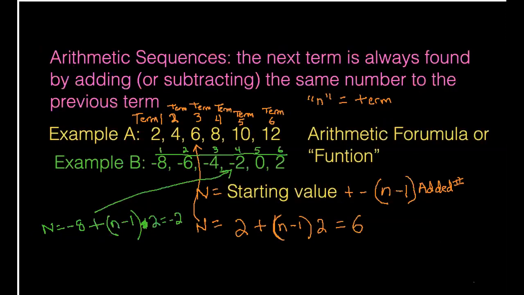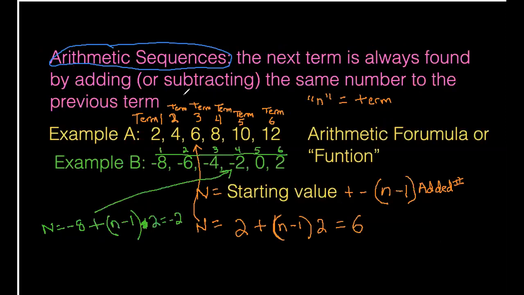The first one is called arithmetic sequences. A sequence means you have numbers in a row. Okay, and the definition is the next term is always found by adding or subtracting the same number to the previous term.